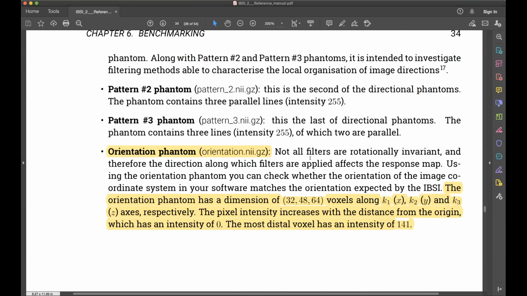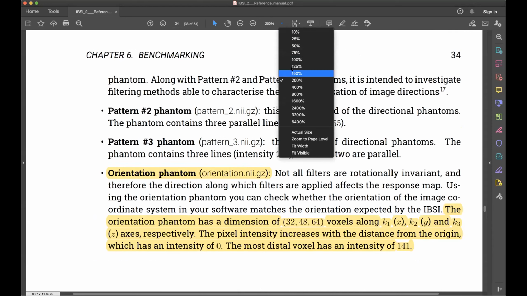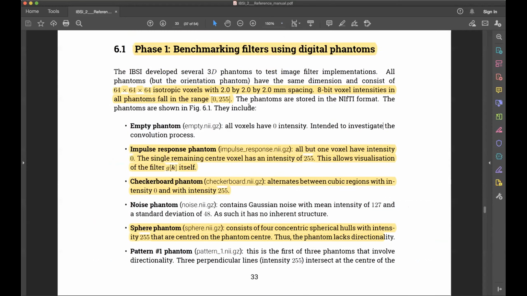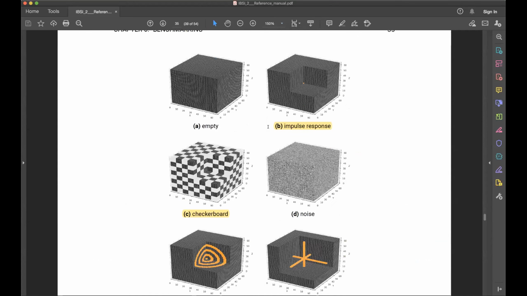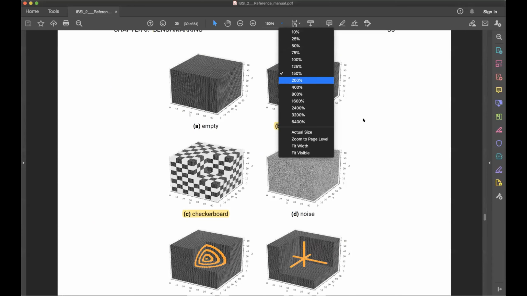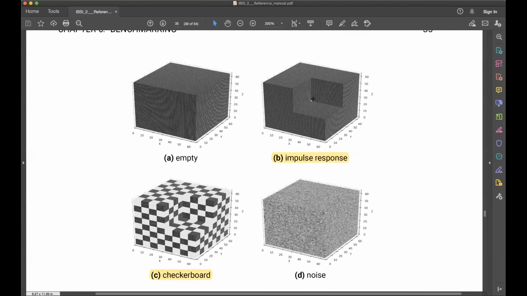The other ones that we use as of now are mainly the impulse phantom, checkerboard, and sphere. Let's look at them here. The impulse phantom basically has just one point at the center with 255 intensity. When you convolve a filter with this phantom, you get the filter response itself.